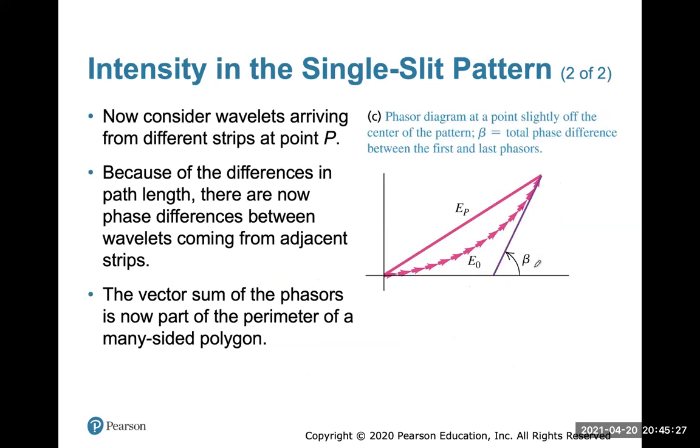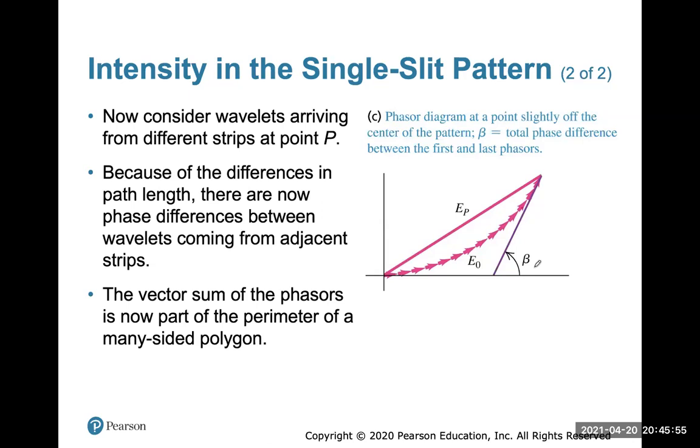How many are there? Are there more than 14? Yeah, probably. They are as close together as you imagine them to be, which makes me think about calculus. They are as point source as you imagine, and that means there are as many of them between the opening of the slit as you want.